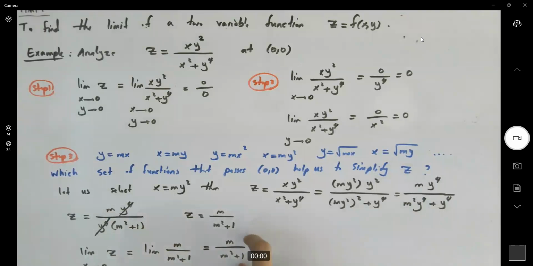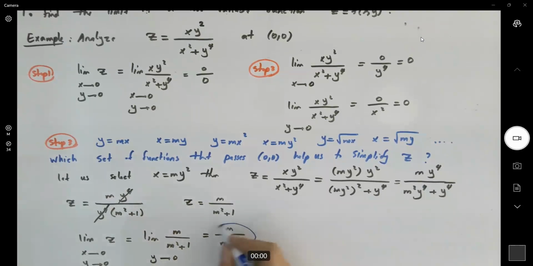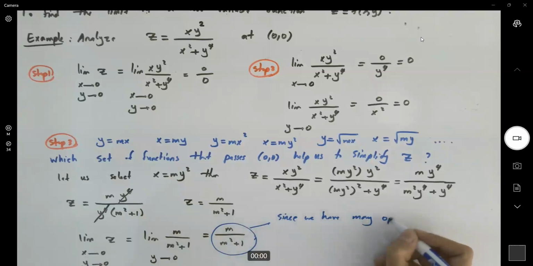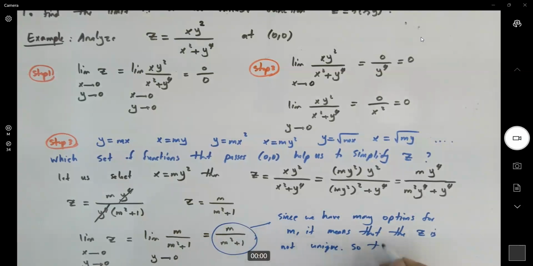Since we have many options for m, it means that z is not unique. So the limit at the origin does not exist.